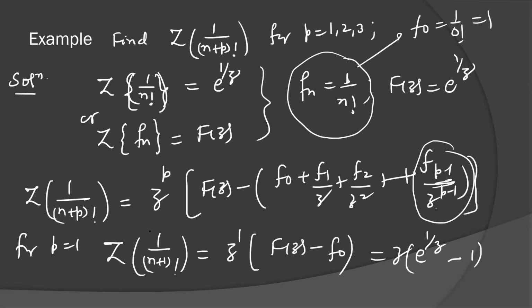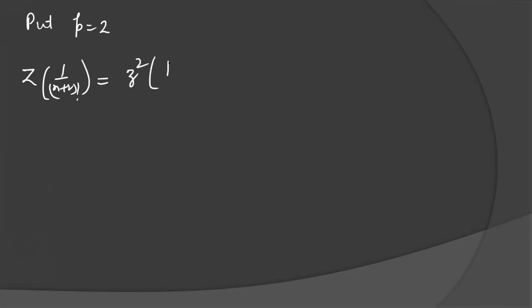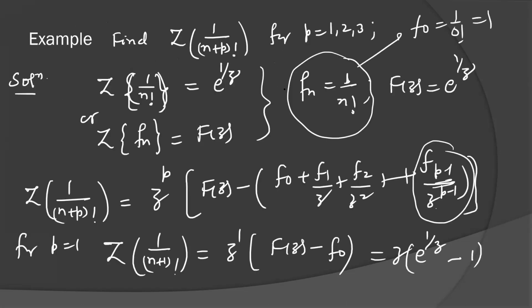Okay. Now for the second part, put p equal to 2. So the z-transformation of 1 over (n plus 2) factorial is equal to z square F(z) minus f naught plus f1 over z. Up to this term we have to go, because if you put p equal to 2 here, then it will give you f1 over z.